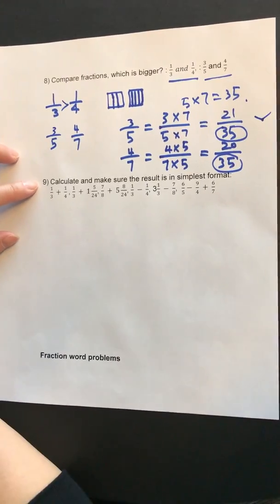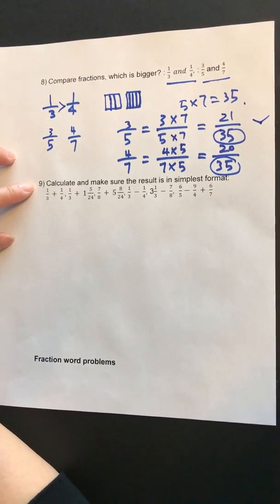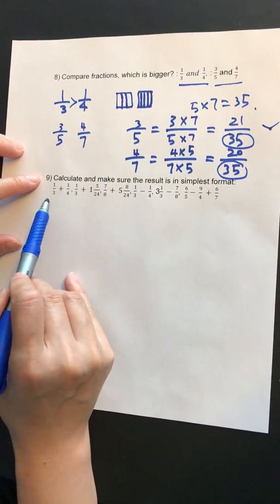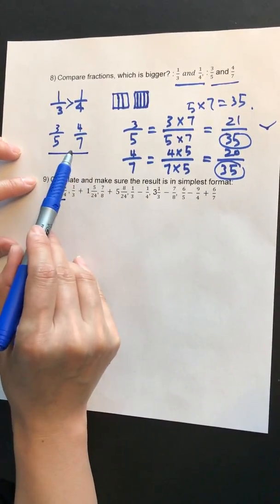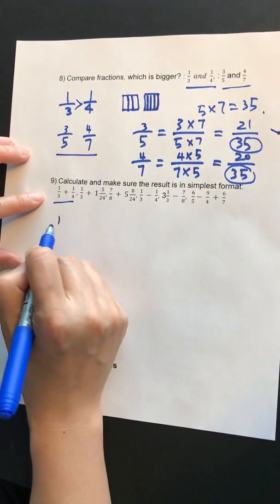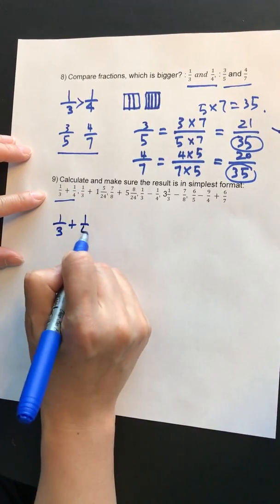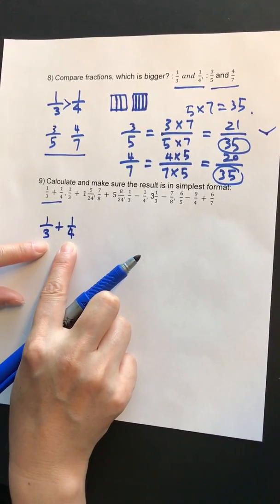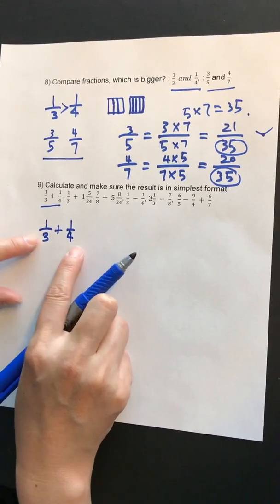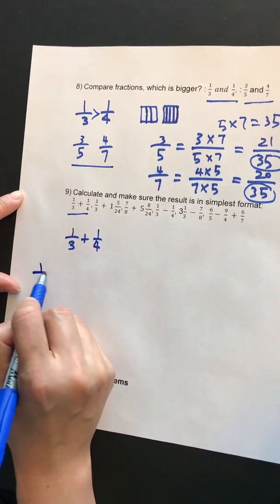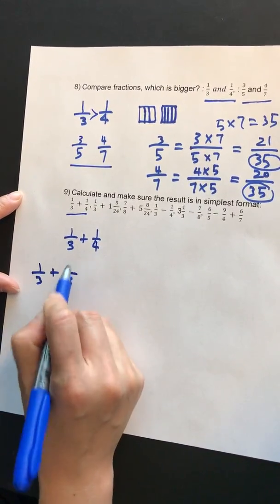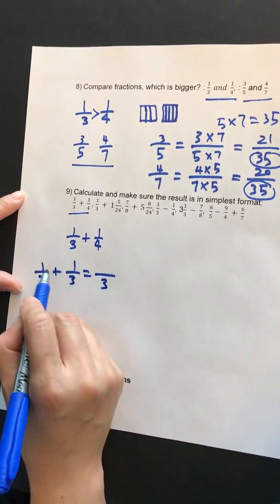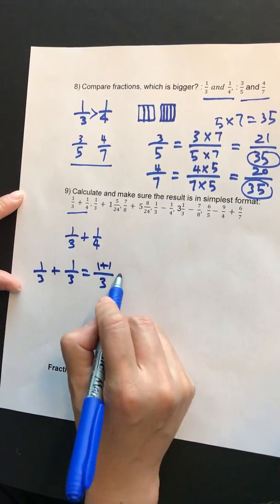Number 9, calculate and make sure the result is in simplest format. So this is basically doing what we have just talked about. Fraction addition can sometimes be really easy if you have the same denominator, right? Then you just add them up. For example, 1/3 plus 1/3, the denominator is the same, and you basically add up the numerators.